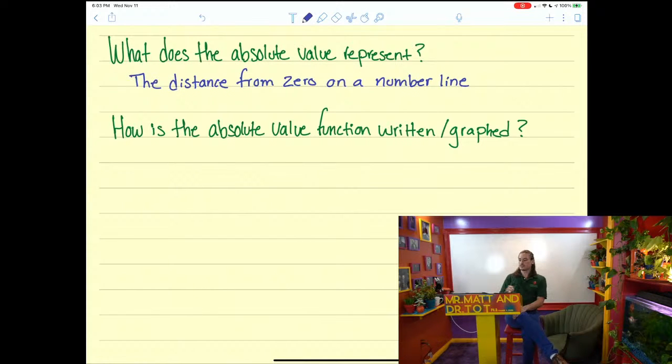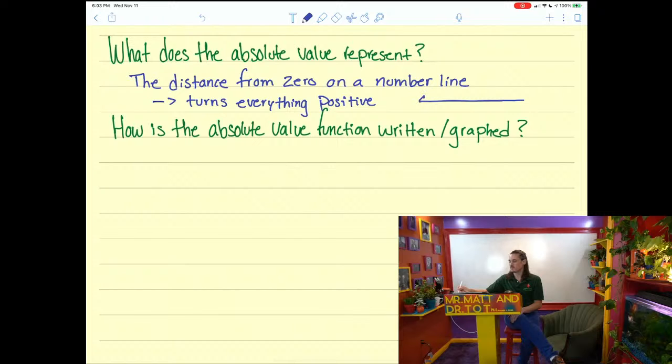So the practical application is that it turns everything positive, and that's how most students remember it. And that's true. However, the reason why it turns everything positive is that -3 is the same distance from 0 as +3, for example.